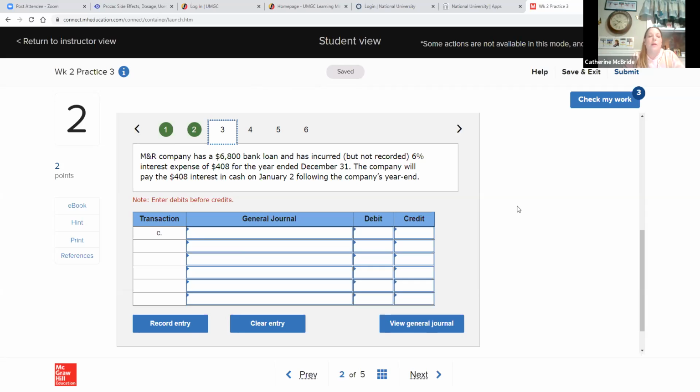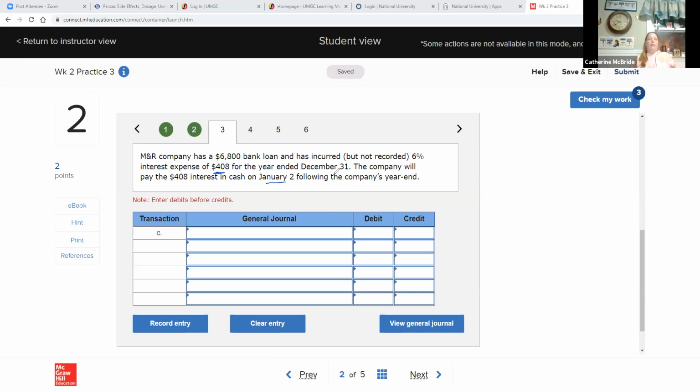Okay. Let's decipher this information. M&R Company has a $6,800 bank loan and has incurred but not recorded 6% interest expense of $408 for the year ended December 31st. The company will pay the interest on January 2nd.